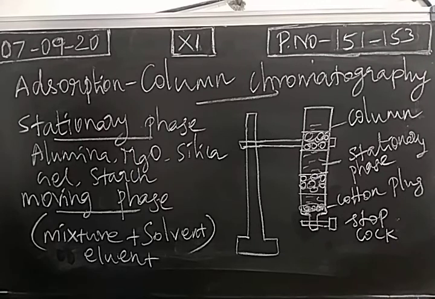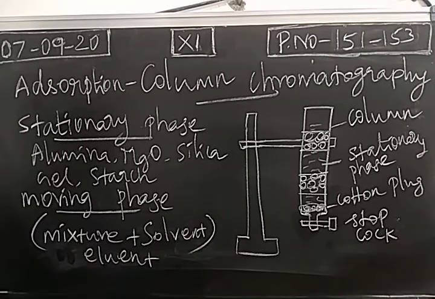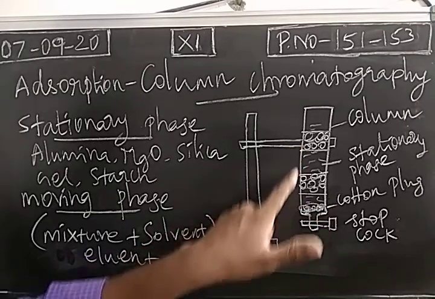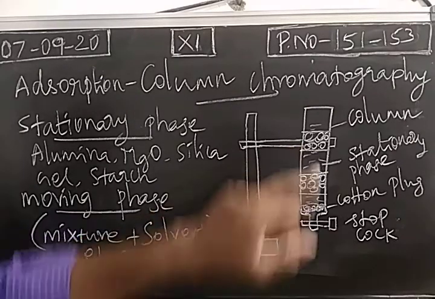Based on the number of components in the mixture, we will have different zones. As I told, the mixture contains two components, so we have obtained two zones. The component which is involved in adsorption rapidly will be at the top. Rapid adsorption takes place at the top.